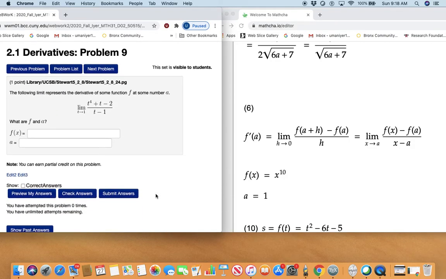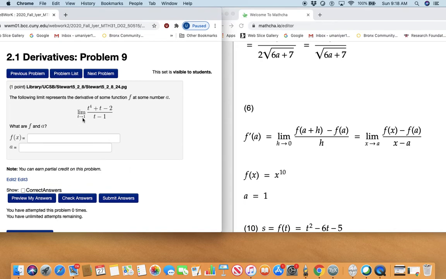Next. t approaching 1, so it's not going to be this, it's going to be this. So a is 1. It's t here, but x there. Well, what's in a name? A variable is a variable. So what should be my f of x? f of x minus f of a, so minus.